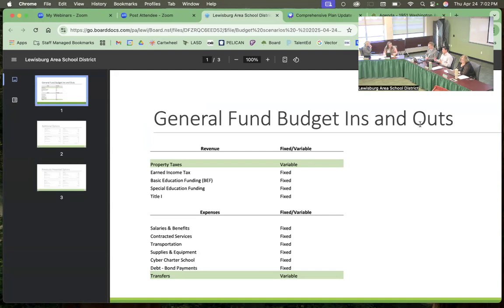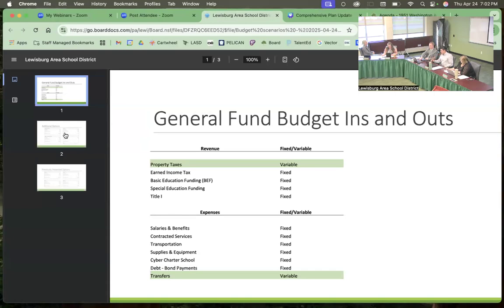So in that way, those are fixed. And so the main factor that we have in expenses going out is the transfers to other funds, which we can use to balance the budget as well on the expense side.